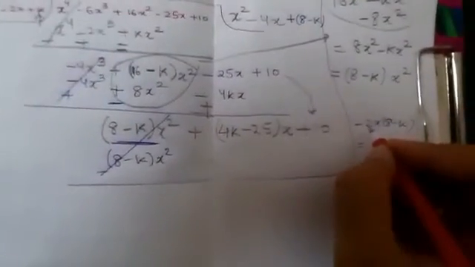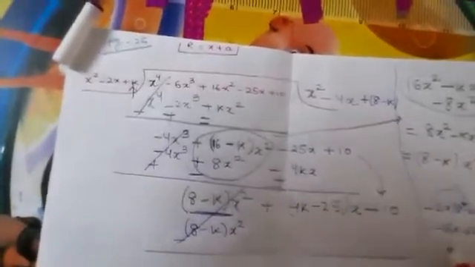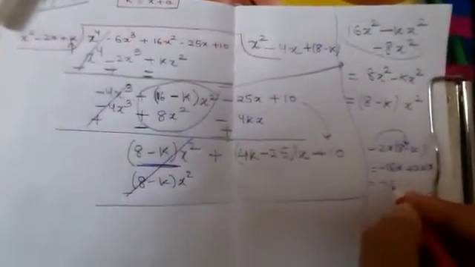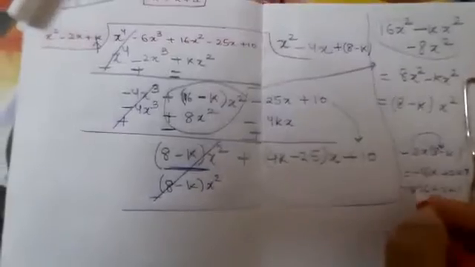This will become minus 16x and minus minus plus 2kx, right? So you can take x common. So it will be minus 16 plus 2k x. So I can write it as 2k minus 16 x, and then when k will be multiplied by this, it will be 8k minus k square. Alright. Now change of sign will be here.